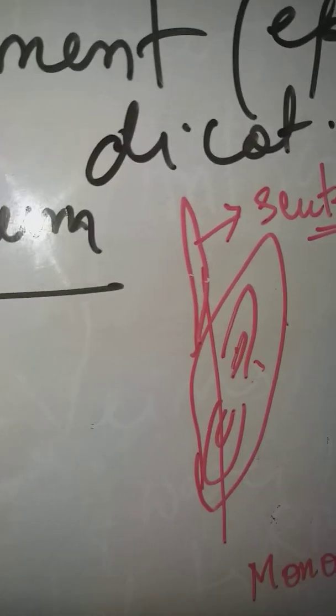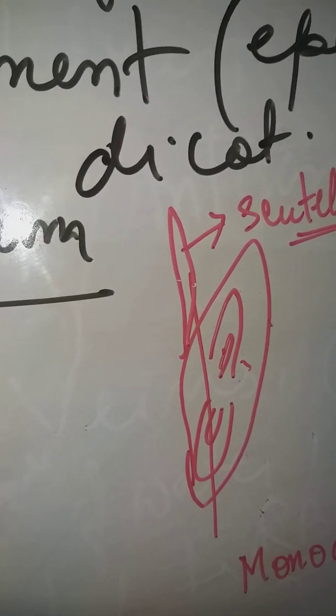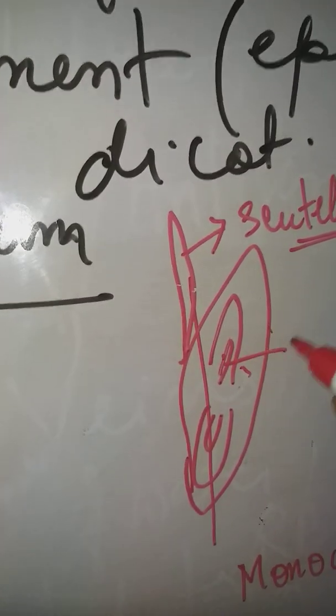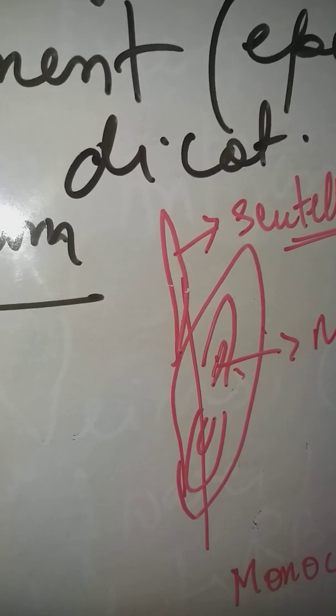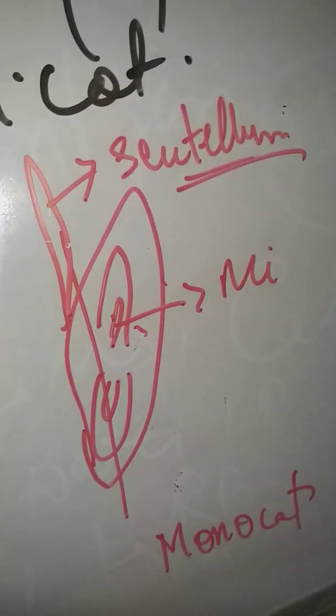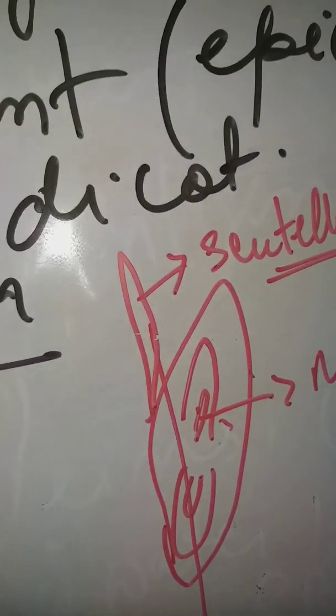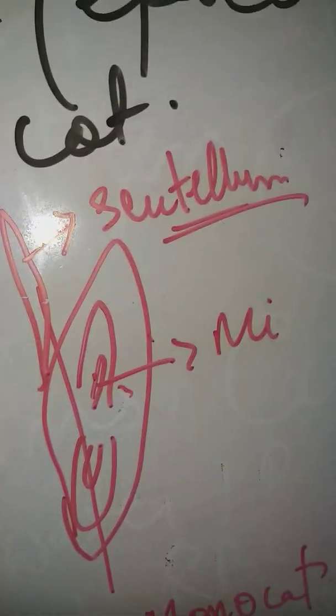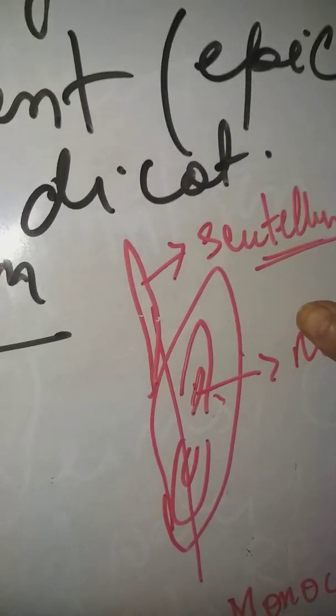But instead of radicle and plumule, we have coleoptile and coleorhiza.